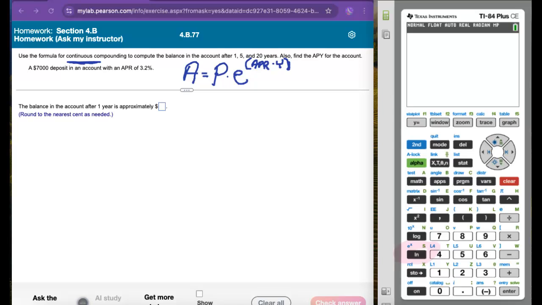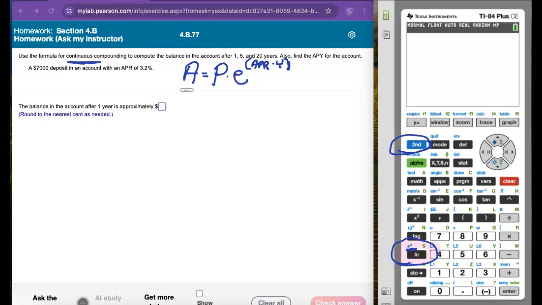Okay, this is where E is located. Notice that it's E to some power, and since that's in a blue function, we're going to have to use this second key to help us get to that. So if we're trying to calculate E to some power, we're going to do second and then the ln key, and that'll give us E to the x.